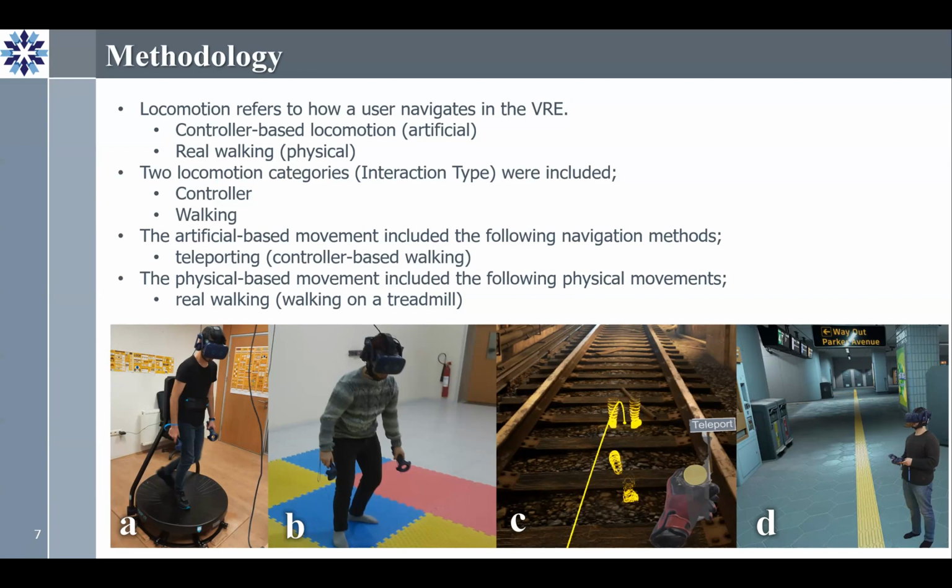Two of them were physical and two were artificial locomotion. In the figure, A and B are physical locomotion, C and D are artificial locomotion.